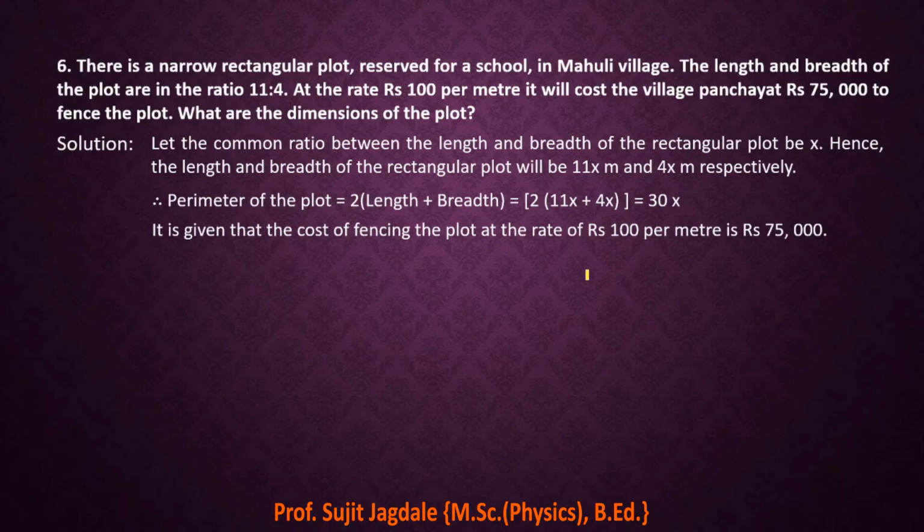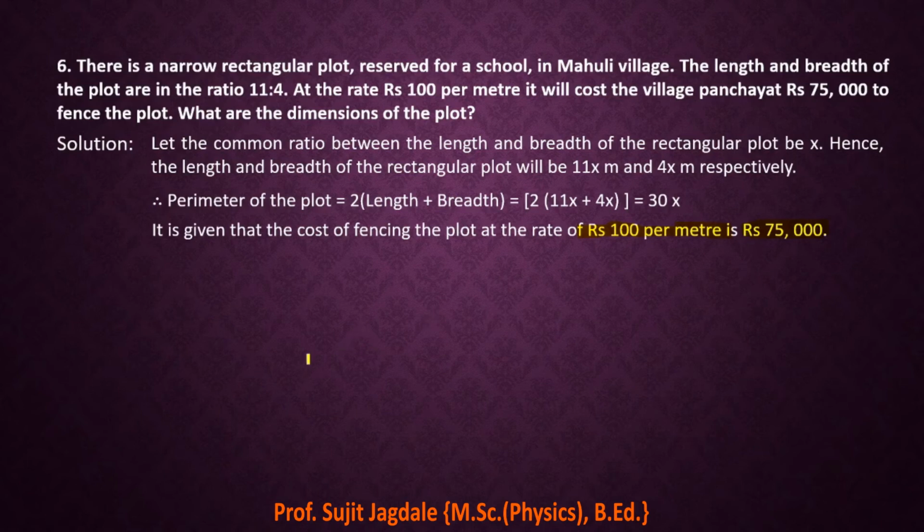Now we will see the other conditions in the example. The cost of fencing that plot at the rate of Rs 100 for how many meters? For 1 meter. And that total cost is rupees 75,000.